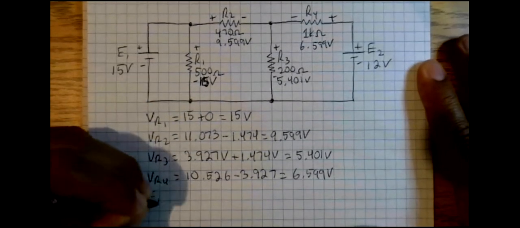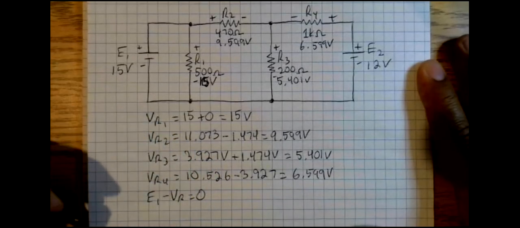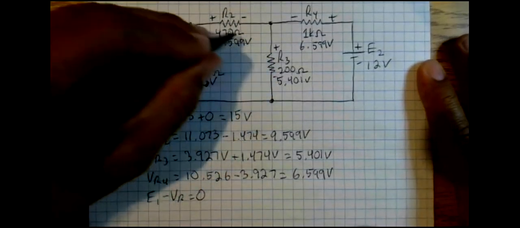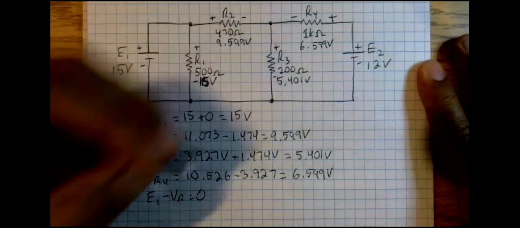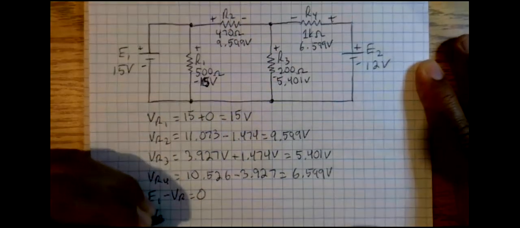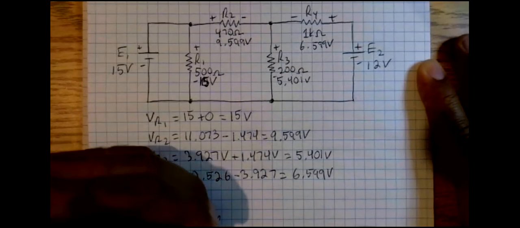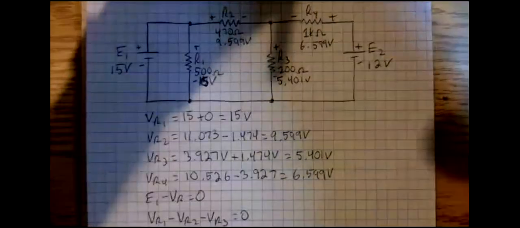So E1 minus VR1 is equal to 0, Kirchhoff's law. This loop here, these two polarities are aiding each other, and this is opposite. So this loop is VR1 minus VR2 minus VR3 is equal to 0, Kirchhoff's law again.